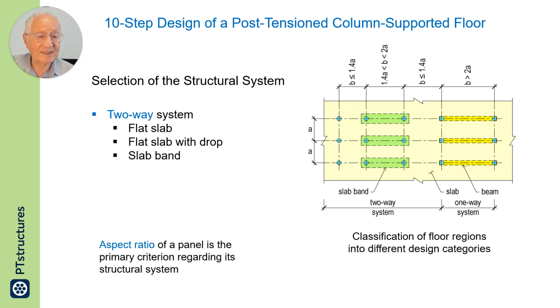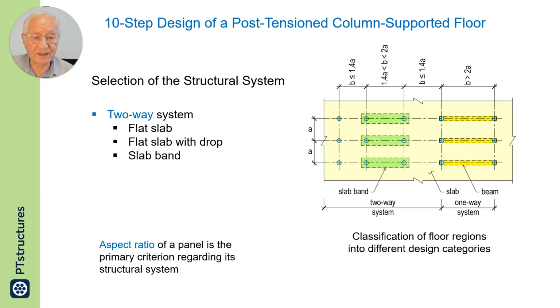And it makes sense to make the slab slightly thicker rather than assuming a beam. And the beam will be used when the aspect ratio is beyond a value I have given here.